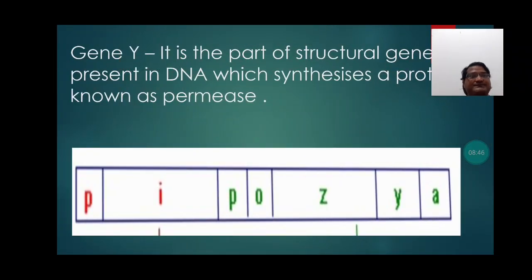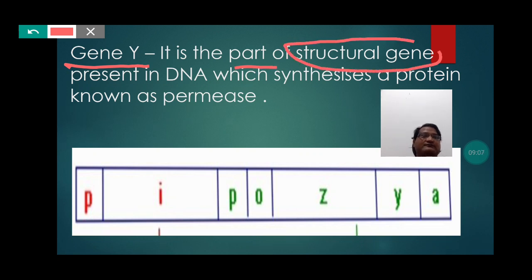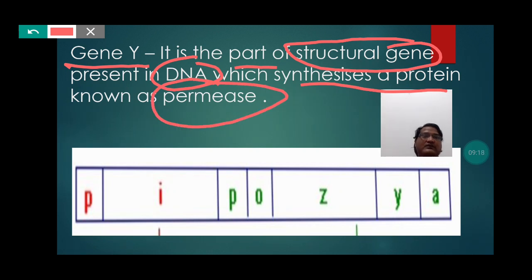Gene Y, it is a part of structural gene present in DNA which synthesizes a protein known as permease. So students, gene Y is the part of structural gene which remains present in the DNA and which further synthesizes a protein known as permease.